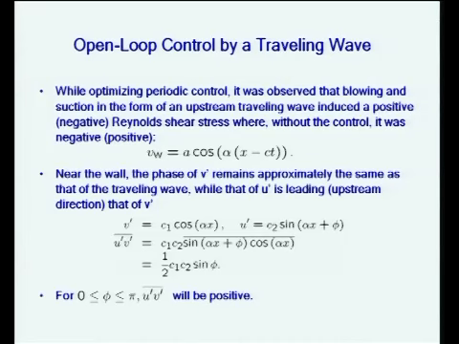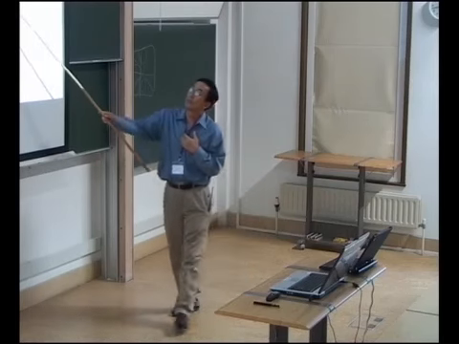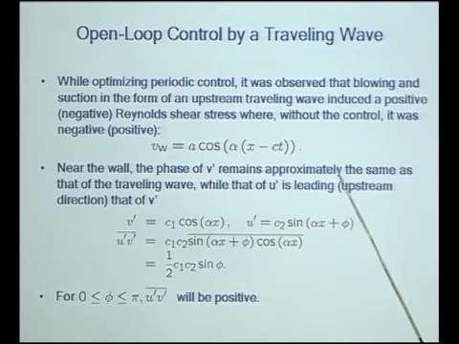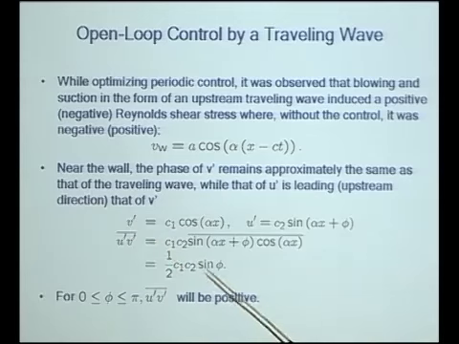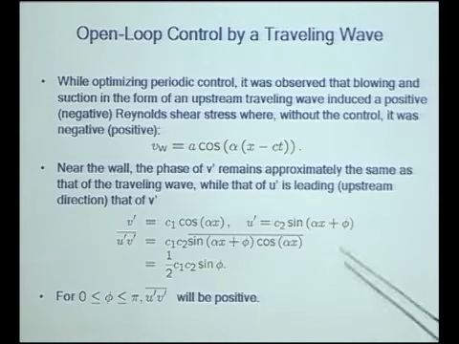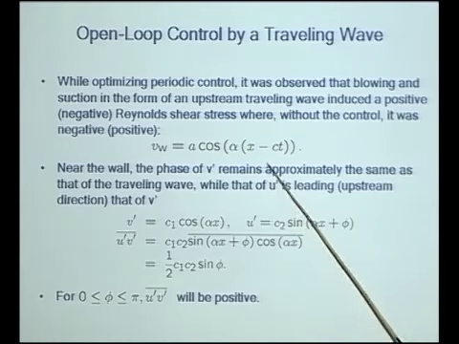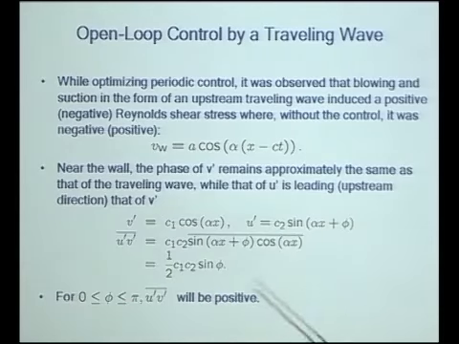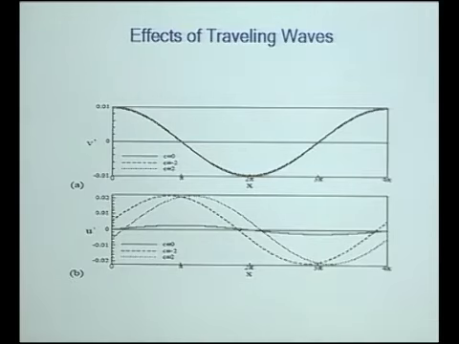Normally, in a turbulent flow, for example, u prime v prime is negative, and y is negative in this coordinate system. This is positive. That's why you get drag larger than the laminar value. So we analyzed why that is the case. You can show that, depending on what wave speed you use for the traveling wave of blowing and suction you put in, the phase shift between the induced u prime and v prime, relative to the blowing and suction, is such that for a certain wave speed you can have exactly what you want.